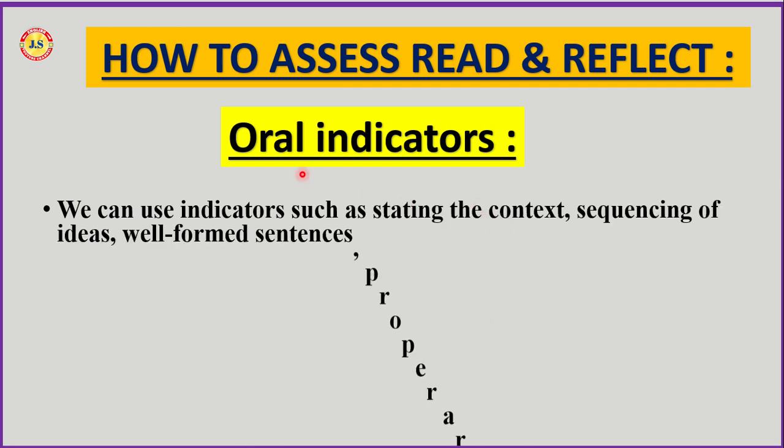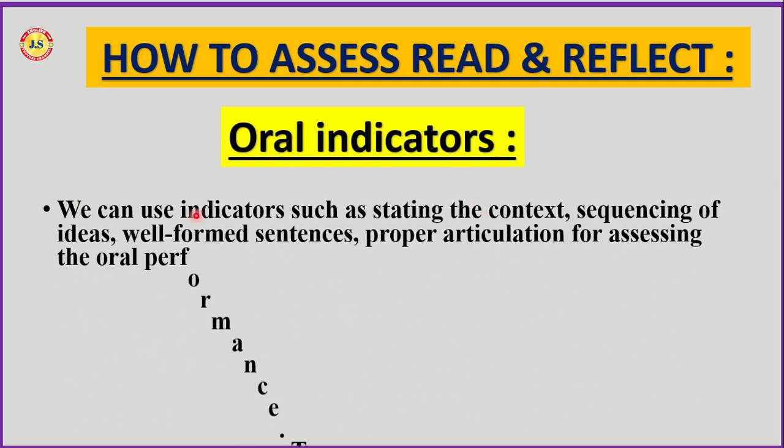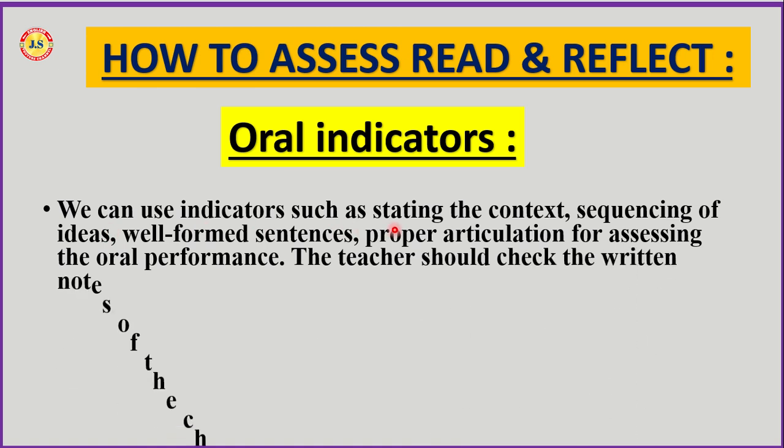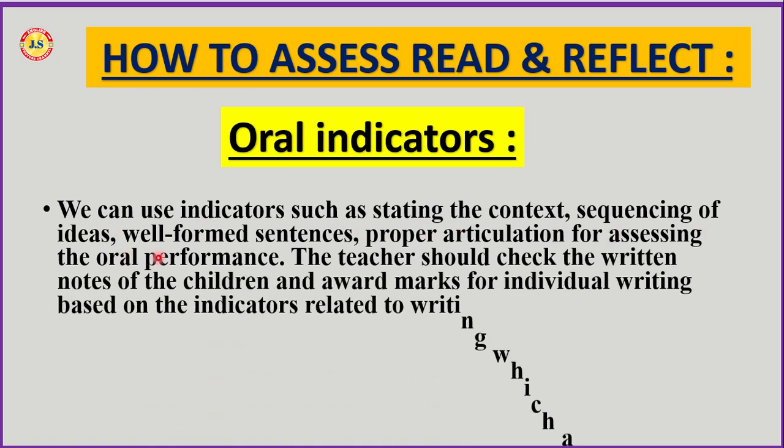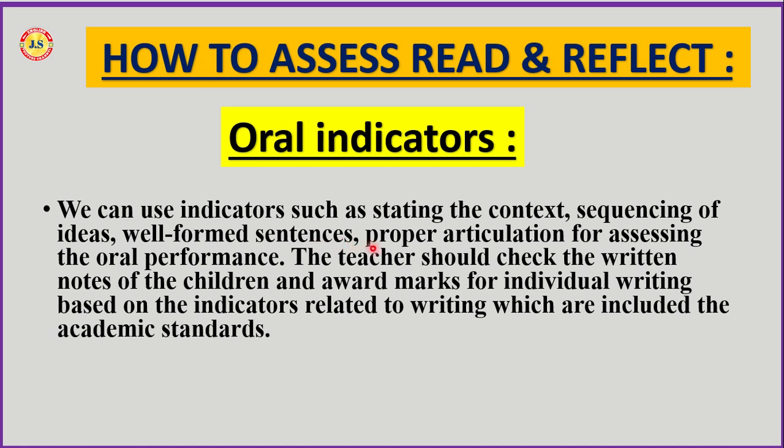Now I would like to give you oral indicators. We can use indicators such as stating the context, sequencing of ideas, well-formed sentences or structures, and proper articulation for assessing the oral performance.